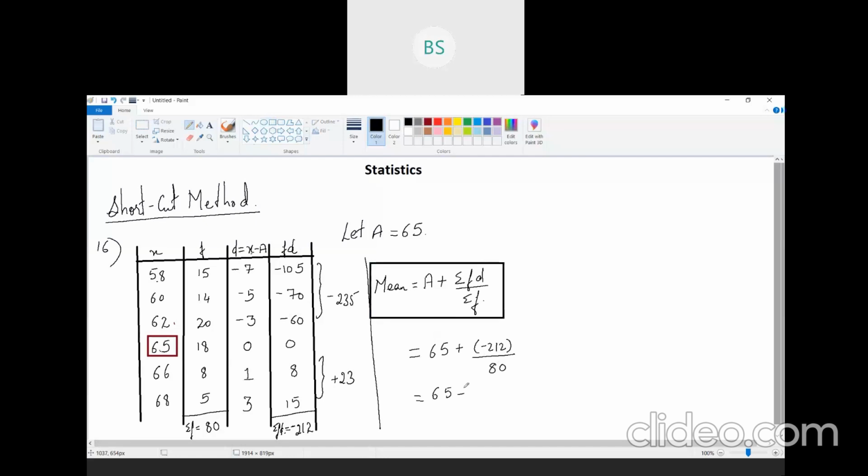And then 212 divided by 80 will give us 2.65. So this will be 62.35, which will be the mean.